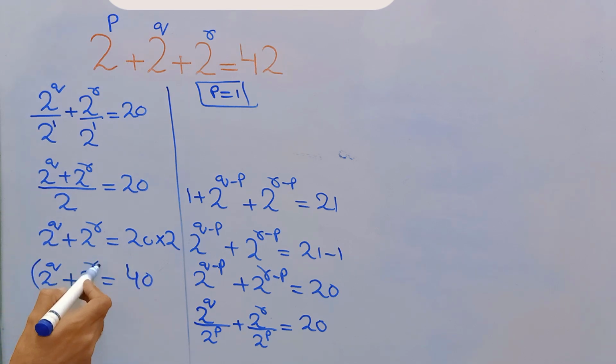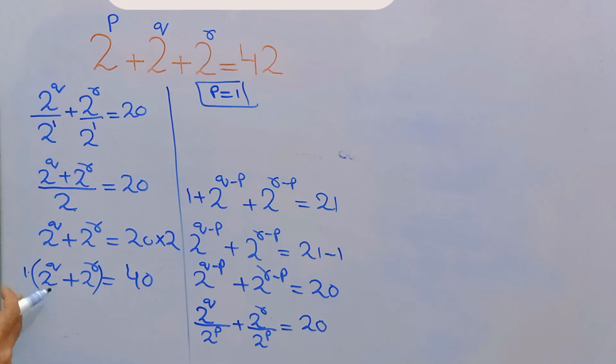Then again multiply by 1, that is no issue. 1 can be written as 2^q divided by 2^q, so 2^q times (1 plus 2^r) is equal to 40.